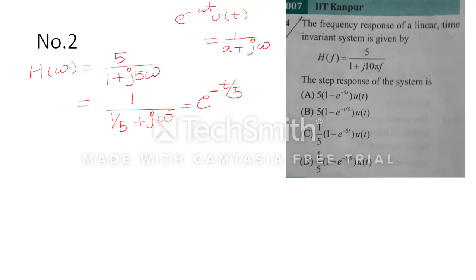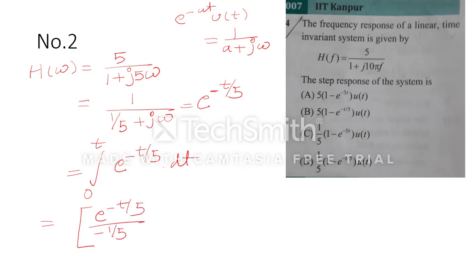So if the impulse response is this and we need to find the step response, it means we need to integrate it. For integration, we integrate from 0 to t because it is a step response, of e to the power minus t by 5 dt. When we integrate, e to the power minus t by 5 comes with minus 1 by 5 in the denominator, and the limits will be 0 to t.